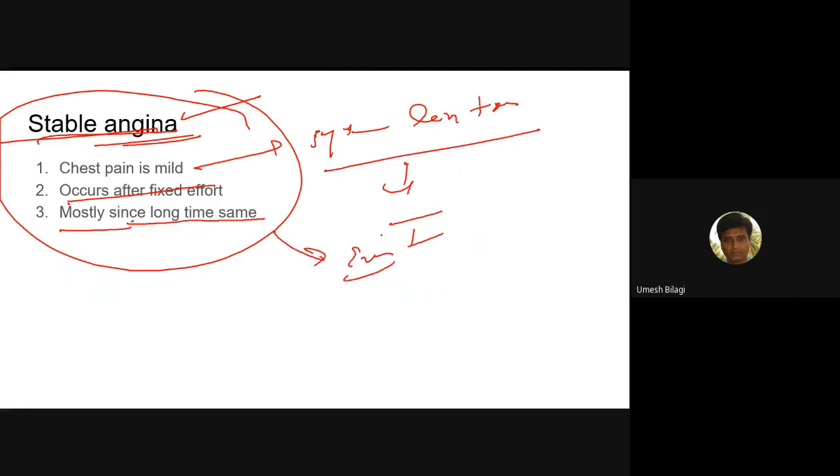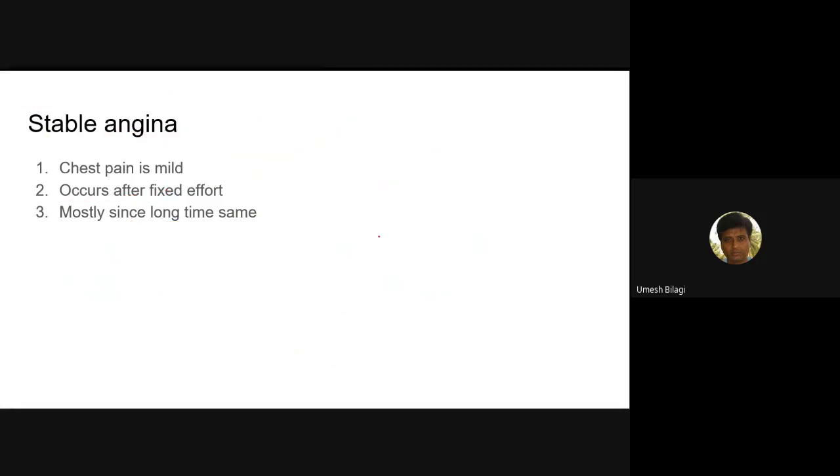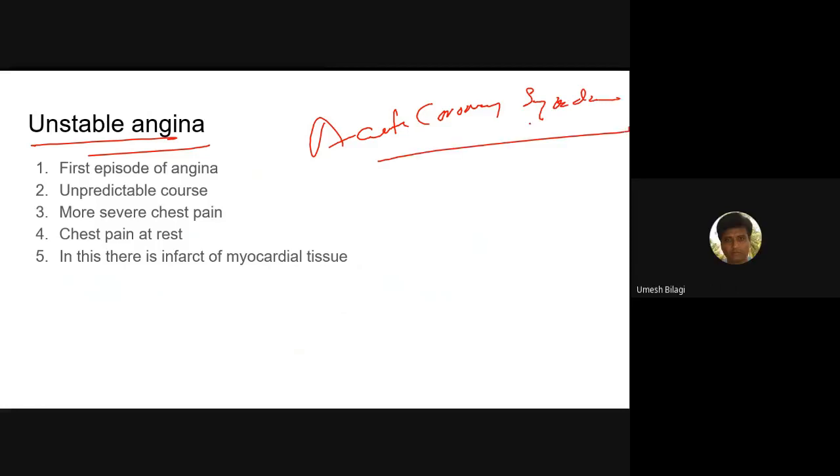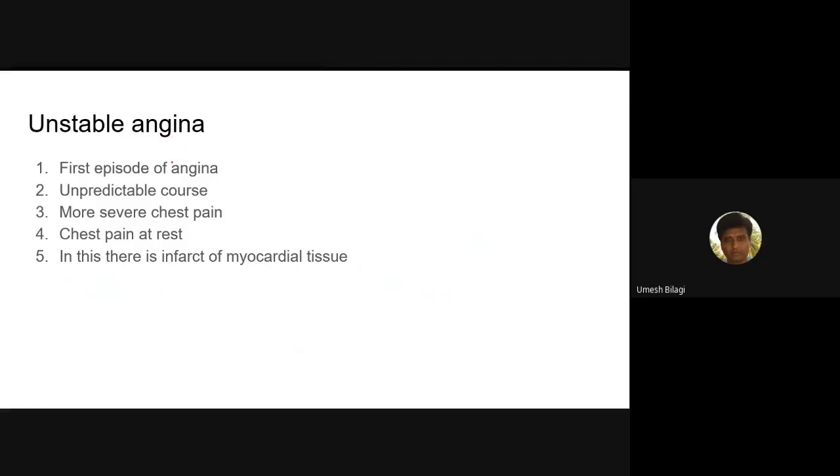We'll go to unstable angina. This is a type of acute coronary syndrome. I told you this. So, acute coronary syndrome, when a patient gets the first episode of angina, you never know.